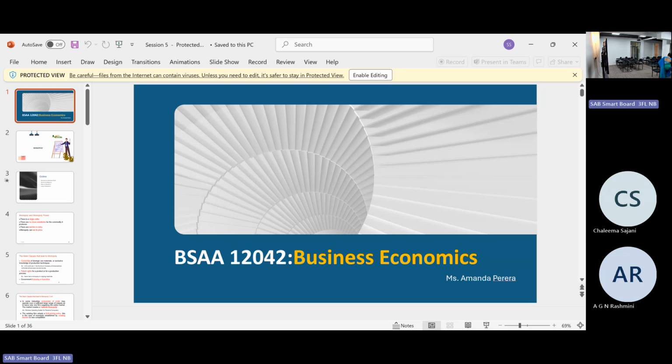Make a scan, otherwise come to me and I will mark it manually.